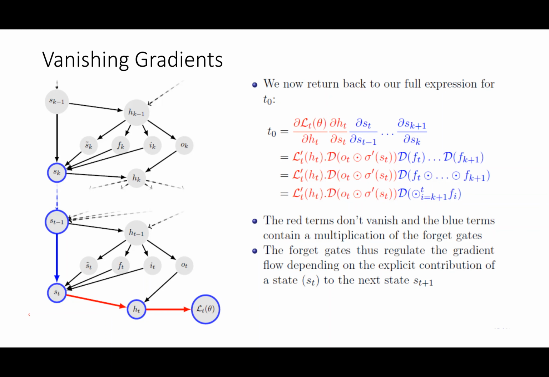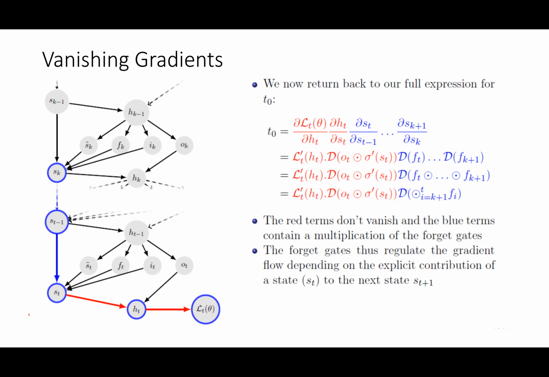What we want to find is dou HT by dou HT minus 10, for example. What is happening here? You can see HT is a function of the cell state CT or ST. So dou HT by dou ST, they have written, then dou ST by dou ST minus 1, and so on.